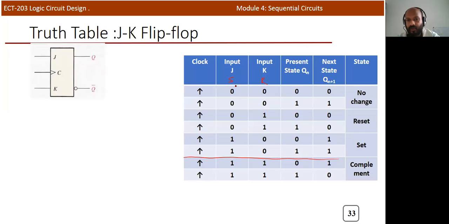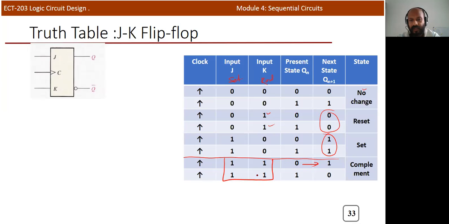When the input is 0 0, it's a no change condition. When it is 0 1, it is a reset condition. And when it is 1 0, it's a set condition. You can simply talk about set and reset pins. And this is the final case: when the inputs are 1 1 and the present state is 0, next state will be 1.